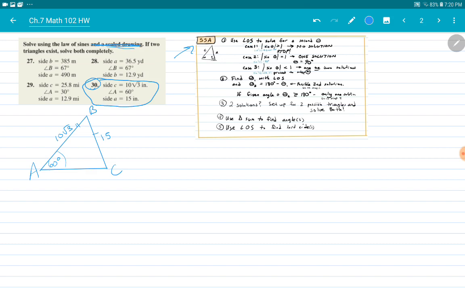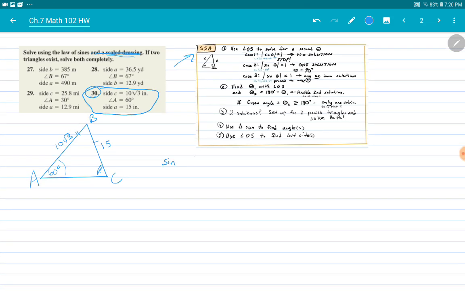So I have angle A and I have side C, so I'm going to try to find angle C. I can't look for angle B since I don't have side B, so in my law of sines ratio, I would have two variables for B. So I'm going to use A to find C, and that gives me sine of 60 degrees over 15 equals sine of C over 10 radical 3.